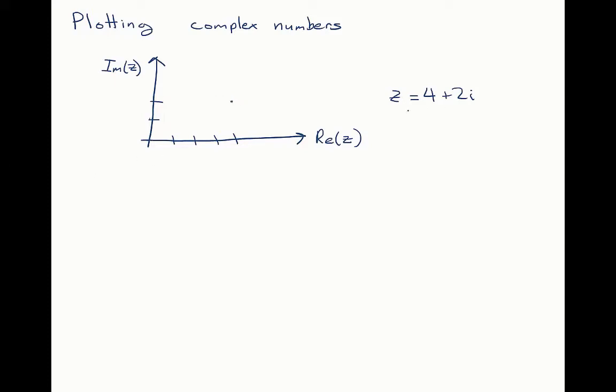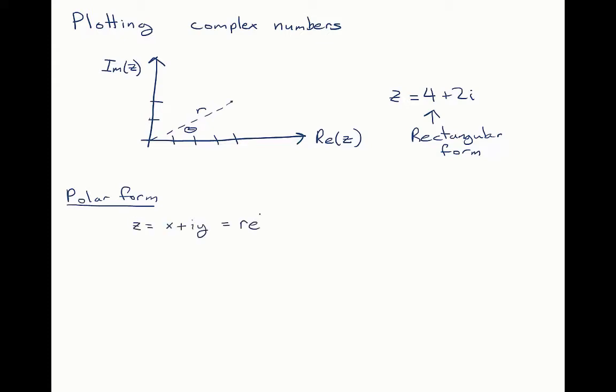So this is actually called the rectangular form of complex numbers. We're going to talk about the polar form. So in the polar form, we have the modulus, which is like the magnitude of the vector, and we have the phase, which is like the angle that represents the direction of a vector. This really is just like doing vectors, and I'm assuming that you're all quite familiar with vectors as you are all physics teachers.